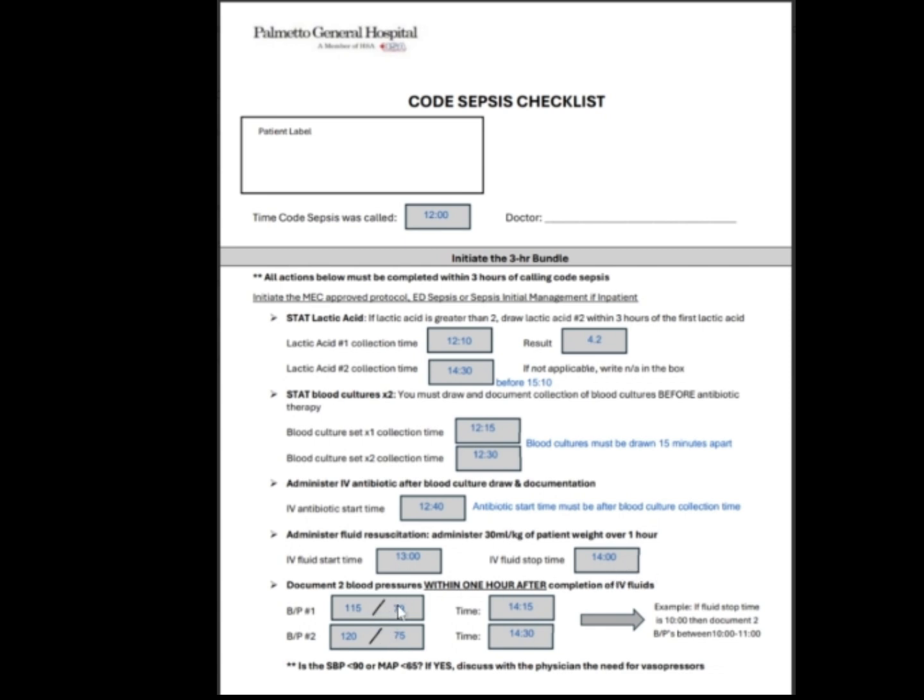Here you will see that 2 blood pressures were documented at 1415 and 1430, which puts us good in the 3 hour window. If at this point the patient continues to be hypotensive even after the fluid resuscitation, meaning the systolic blood pressure is less than 90 or the MAP is less than 65, we must alert the physician and determine need for vasopressors.